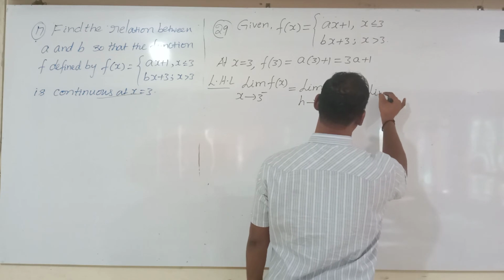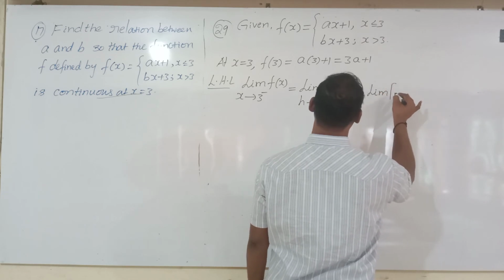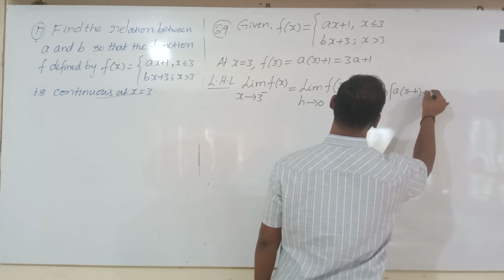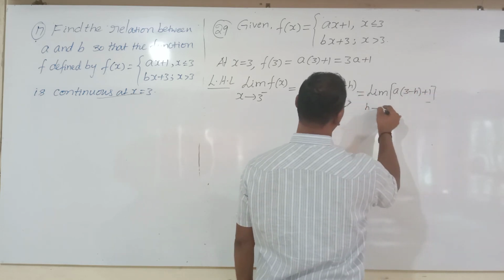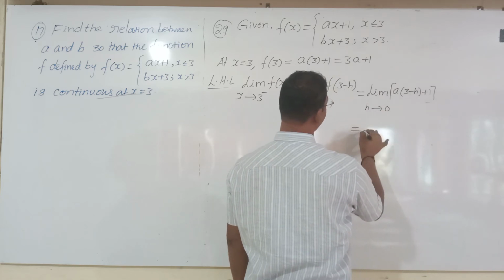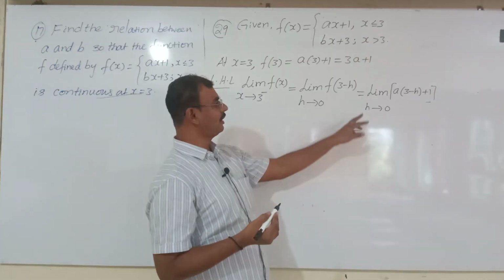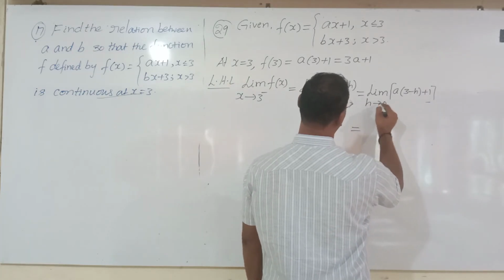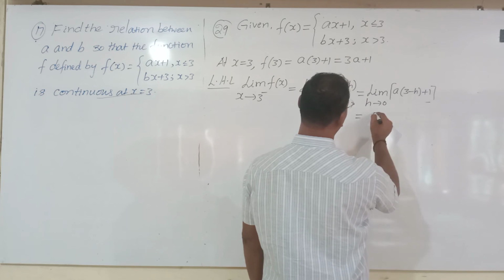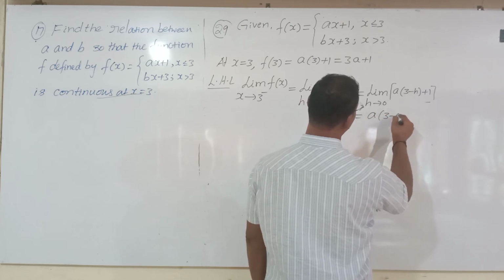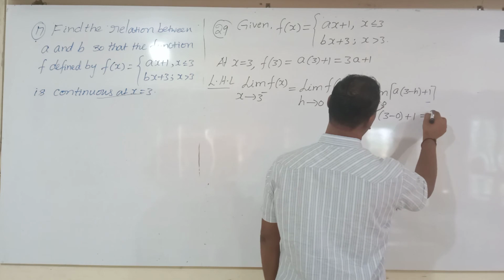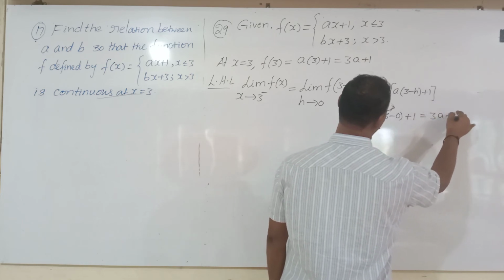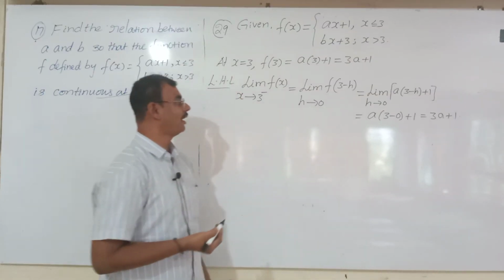So the limit of a into 3 minus h plus 1 as h tends to 0. Apply the limit: a into 3 minus 0 plus 1, which is 3a plus 1. This is the left hand limit.